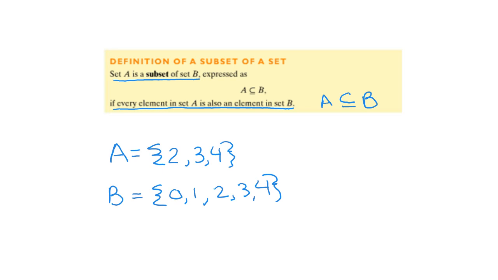So in this case here, I can say set A is a subset of set B because every element in set A is contained in set B. This is the definition of subset.